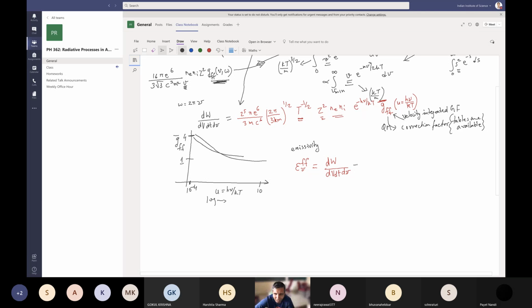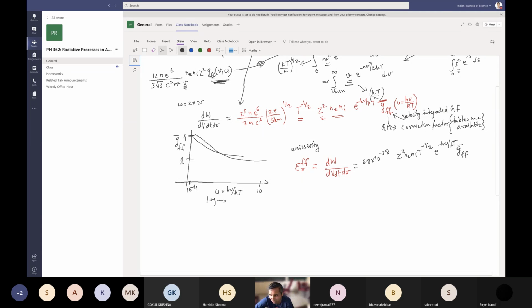If you plug in the numbers for all the fundamental parameters, this is what you get: 6.8 times 10 to the minus 38 Z squared n_e n_i T to the minus a half. These dependencies are important to know. e to the minus h nu by kT, g_ff bar.